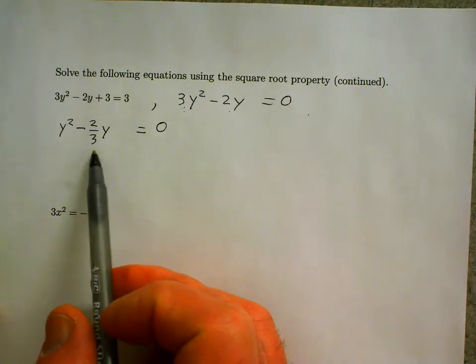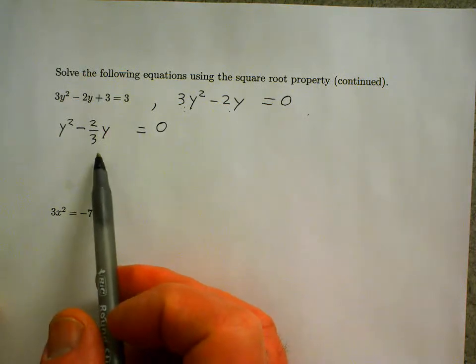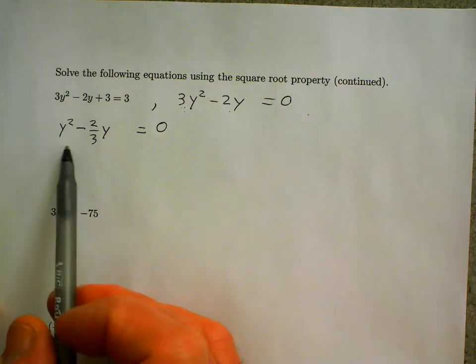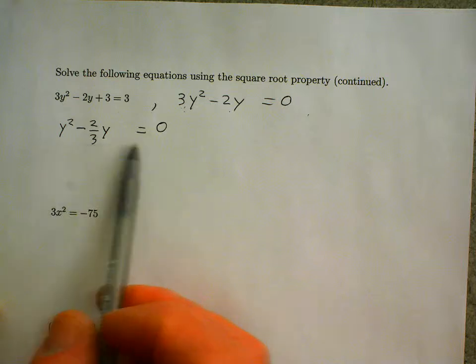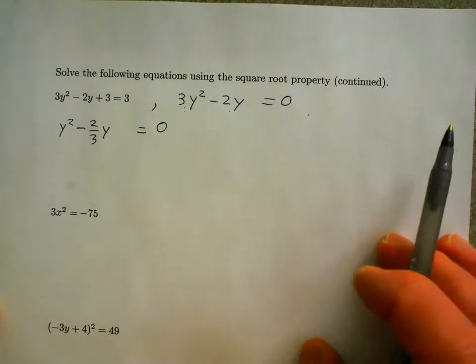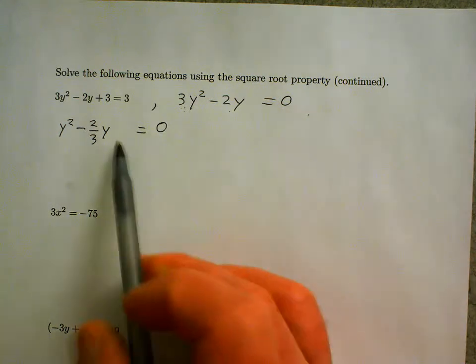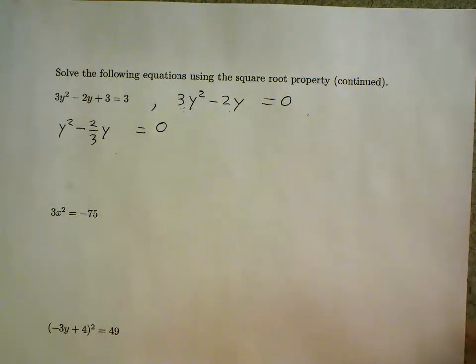So what you're going to learn how to do within a day or two is create a perfect square trinomial by adding an appropriate number to both sides of this equation.